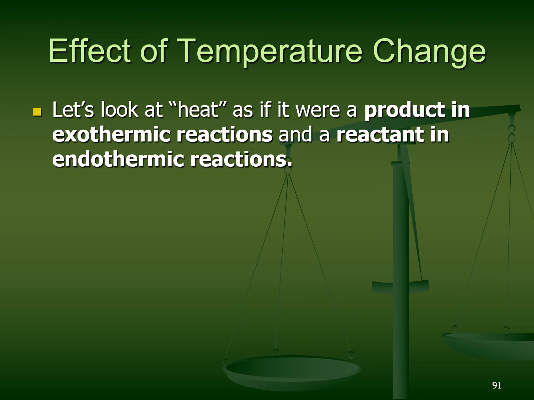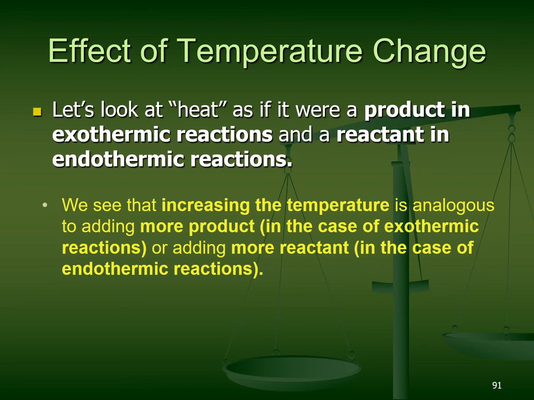So in order to know the effect of temperature on an equilibrium, you have to know if it's endothermic or exothermic. Increasing temperature is analogous to adding more product if it's exothermic, because heat is a product, or adding more reactant if the reaction is endothermic.